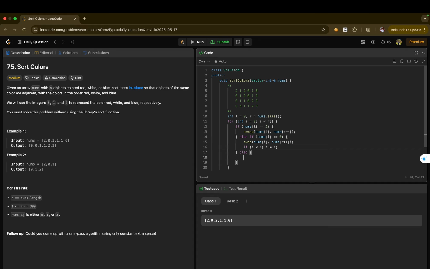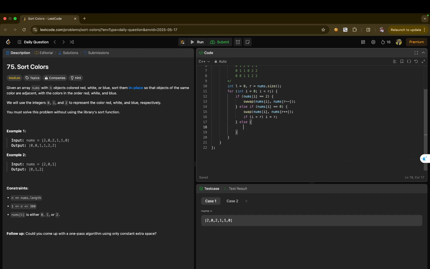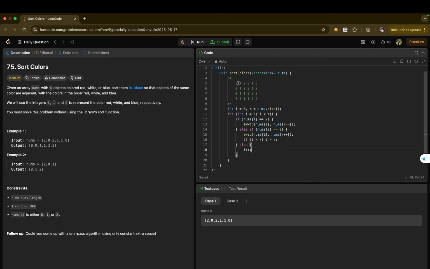And the last case is nums[i] equal to 1, so we just ignore it, like this demonstration I do here.